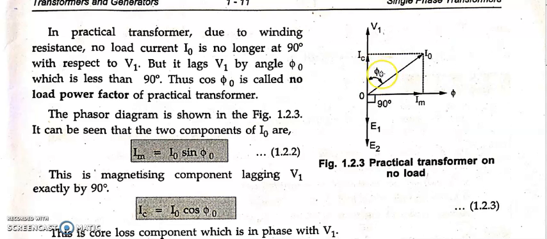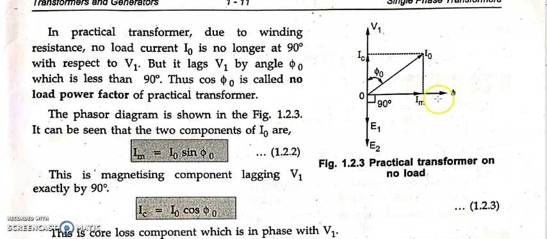So you can call it the no load power factor angle, to be precise. Cos phi naught means no load power factor, and phi naught is the no load power factor angle. That's the reason I am going to get a certain angle here.